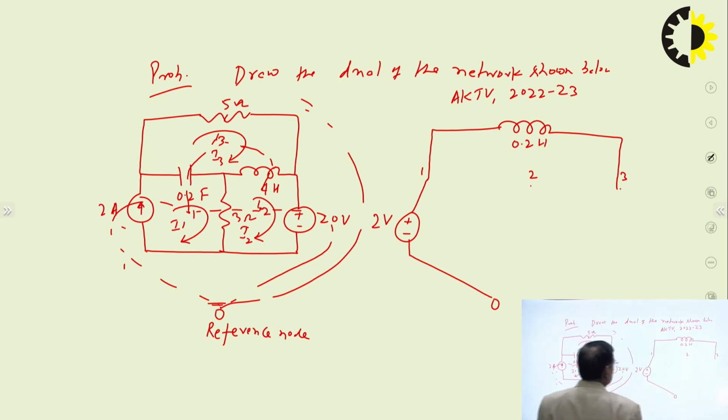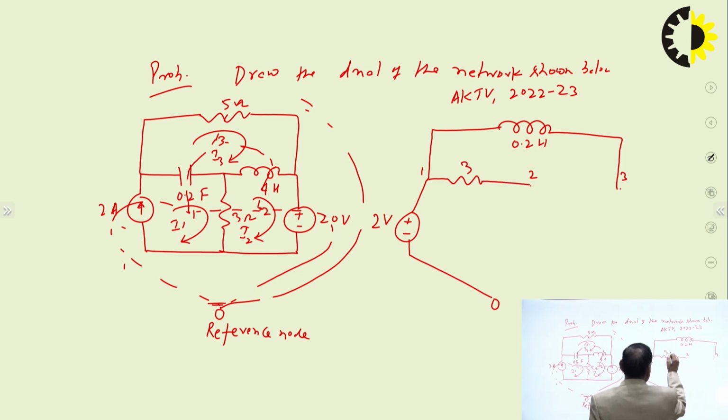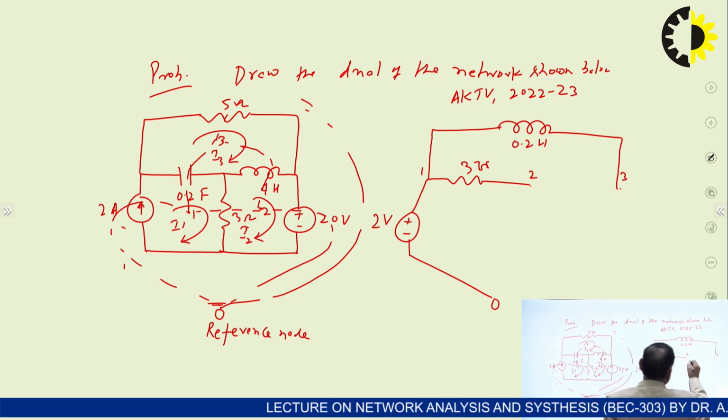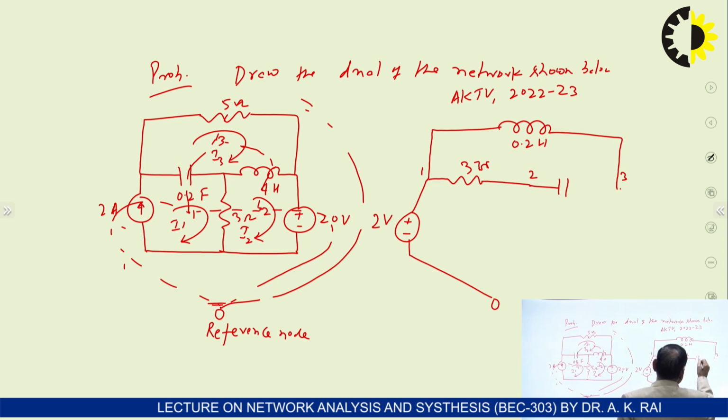Between 1 and 2 there will be the dual of the 3 ohm resistor, so 3 mho conductor. From 2 and 3, we have the 4 henry inductor, so in the dual it will be the 4 farad.